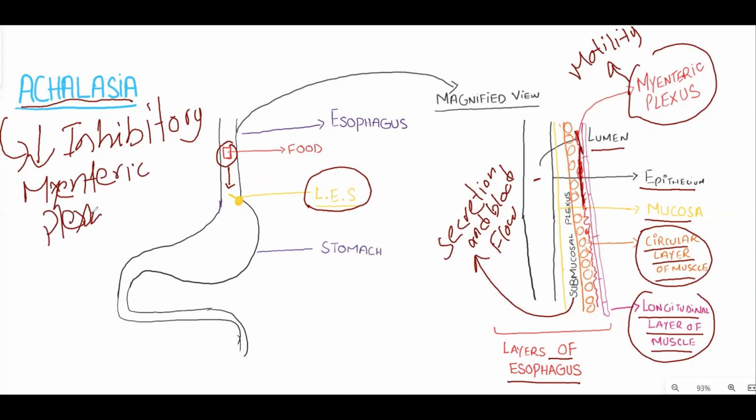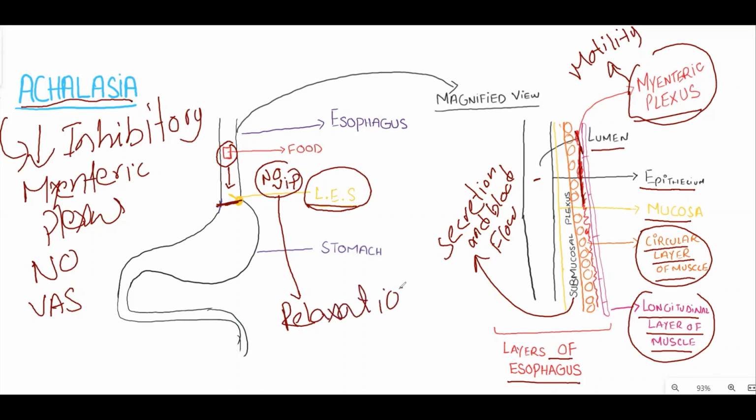particularly those releasing nitric oxide, NO, and vasoactive intestinal polypeptide, when food reaches the lower esophageal sphincter. So the inhibitory neurons in the myenteric plexus release NO and VIP, vasoactive intestinal polypeptide, which lead to relaxation of this sphincter.